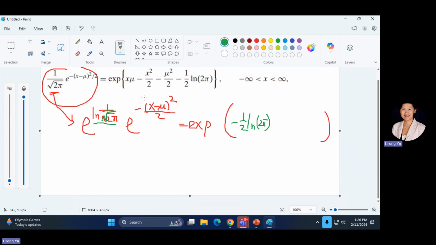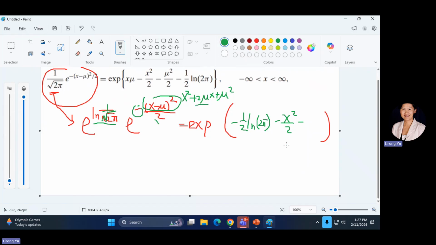Over here, you would expand that square. If you expand the square, you get x squared minus 2 mu x plus mu squared. And then there's a negative in the front, which affects every single term. So it would be negative x squared over 2, and then negative this one over that 2.